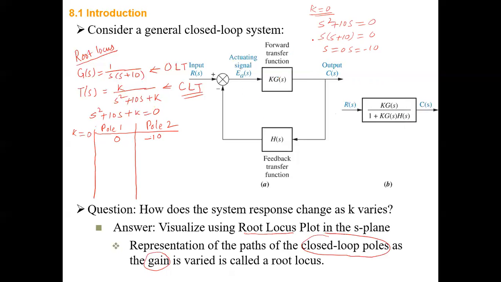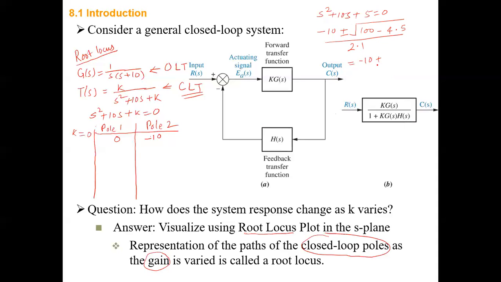Now let's plug in K equals 5. Please correct me, okay? If K equals 5, how do you get the poles? Minus b means minus 10, plus or minus the square root of b squared, 100, minus 4ac, 4 times 5 times 1, divided by 2 times a, which is 1. Does it make sense?